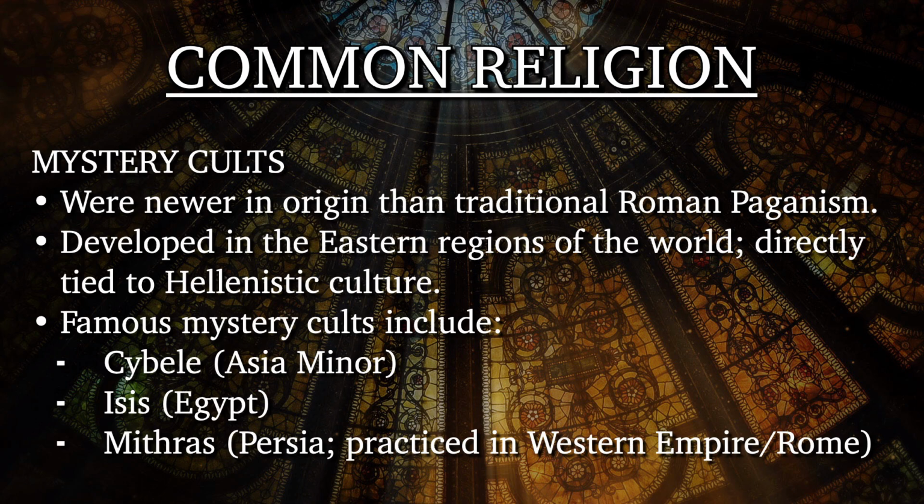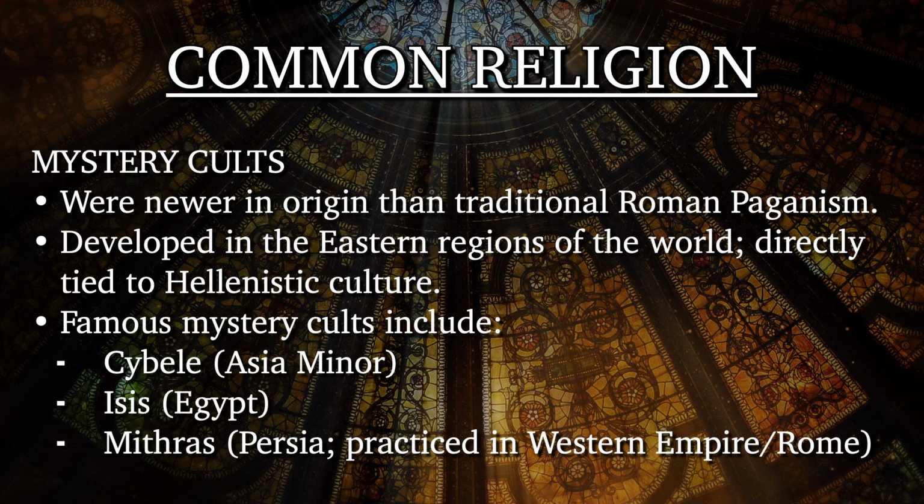Some of the three famous ones were the cult of Cybele in Asia Minor particularly. This was popular in a number of those cities like Ephesus and Pergamum and so on. The cult of Isis in Egypt was another famous one that was tied more to Egyptian mythology. And then easily the most famous of them, at least in terms of volume of adherents, was the cult of Mithras, known as Mithraism.